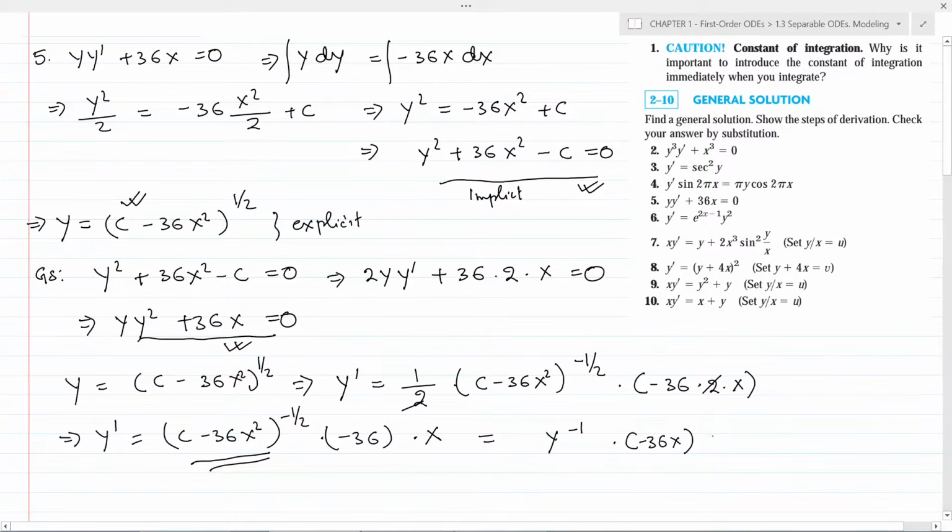We multiply left hand side and right hand side of this equation by y and we get y y dash is equal to minus 36x, which implies y y dash plus 36x is equal to 0, which was the original ODE. So we see by using either the explicit or the implicit form of the general solution we can get the original ODE. So the answers that we have calculated are correct.